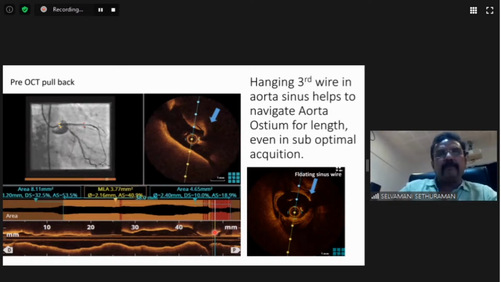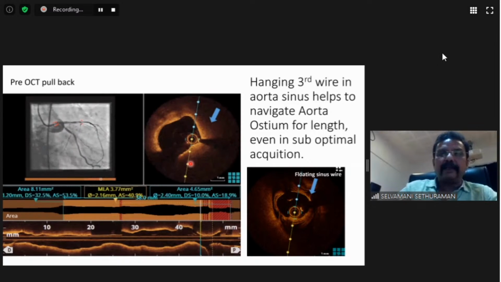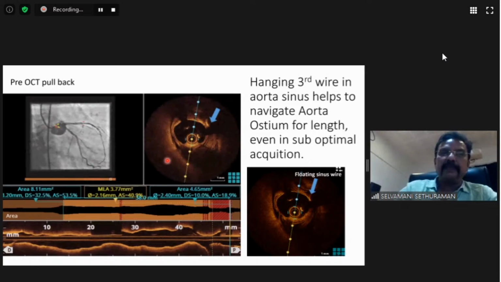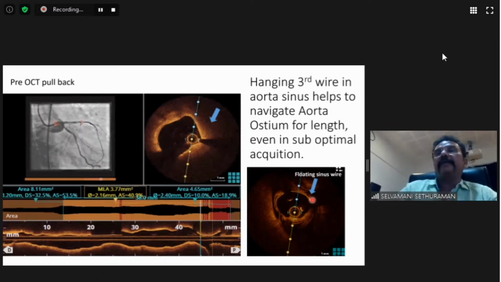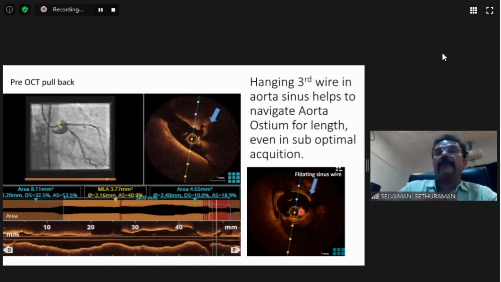See, the problem is when you get it like this, you may not be sure where the ostium of the left main is. Even if you have an angio registration, there might be doubt. To confirm that, see here, there is the third wire seen here, 1, 2, and 3 wires. The third wire is floating in the cusp of the aorta.